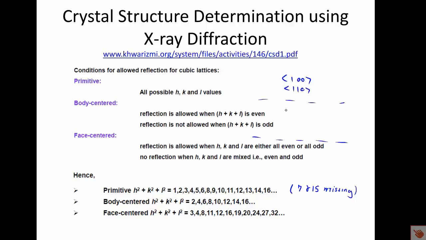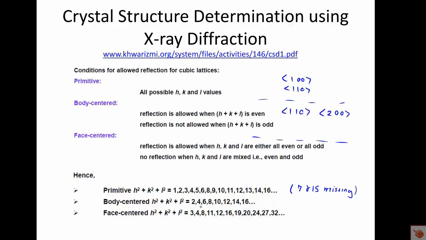So the first one we can start with is 1, 1, 0. Another one is 2, 0, 0. So this will give us a sum of H squared plus K squared plus L squared of 2. This will give us 4.